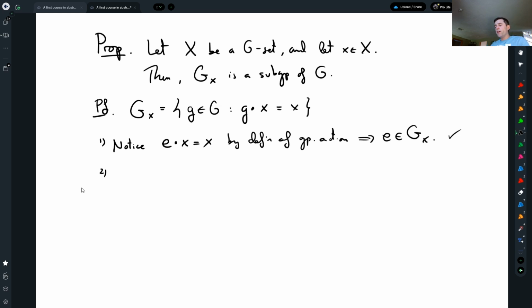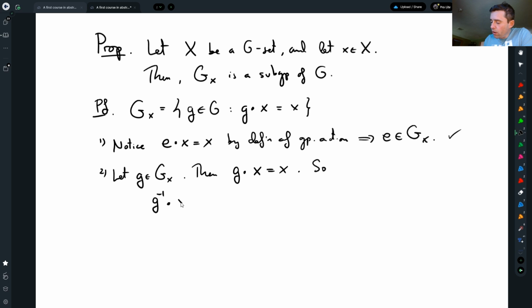Two, let's prove that the stabilizer is closed under inversion. So let g be an element of the stabilizer. Then g dot x is x. So what is g inverse acting on x? Well, because g dot x is x, x itself is g dot x, so I can replace x by g dot x.